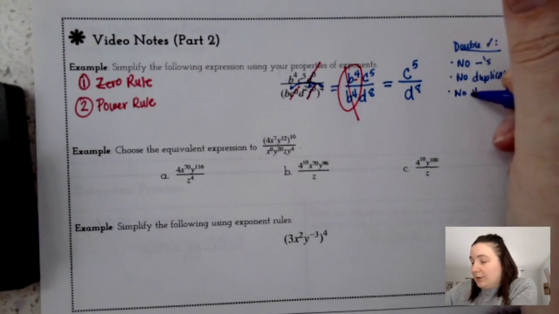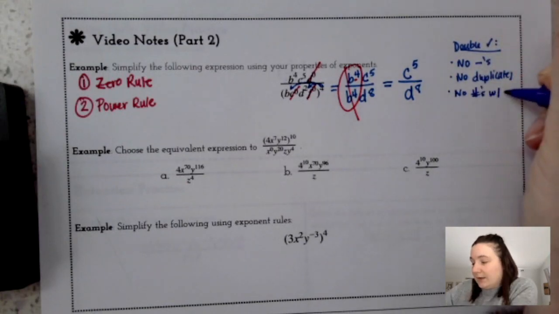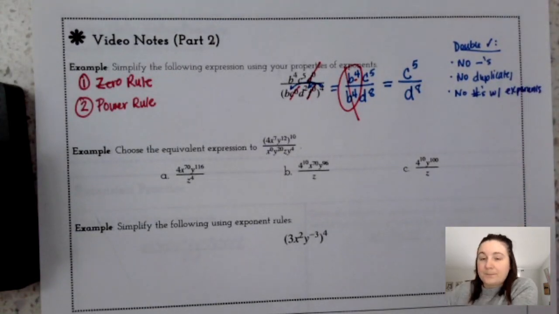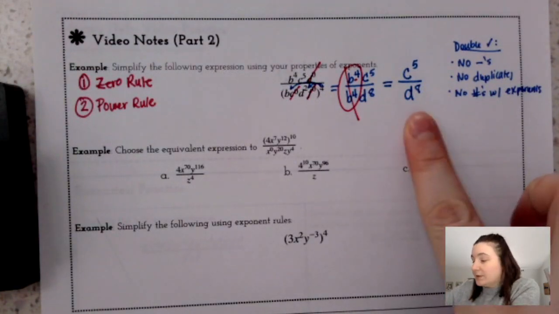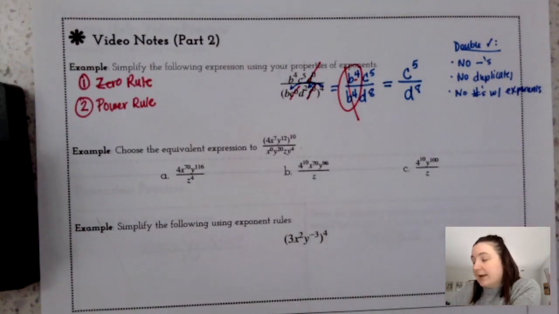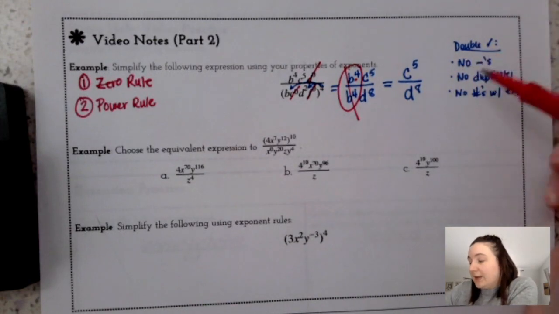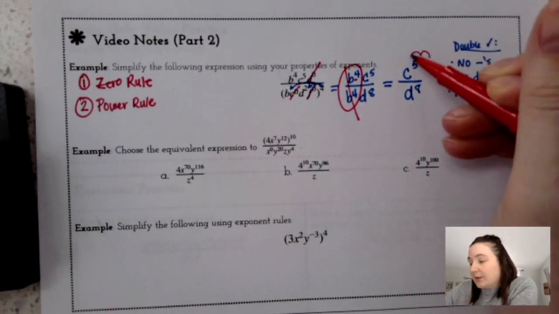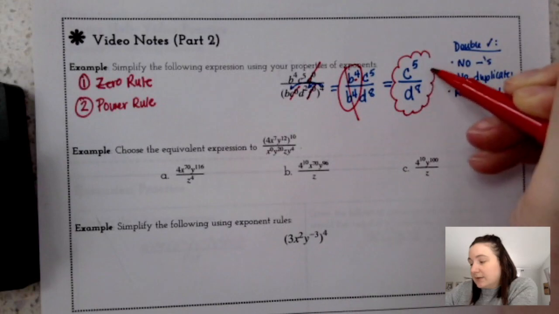And no numbers with exponents. So if I had like 2 squared, I would want to simplify that to 4. So in this case, I have no negative exponents, I have no duplicates, and I have no numbers with exponents. So this is my answer.